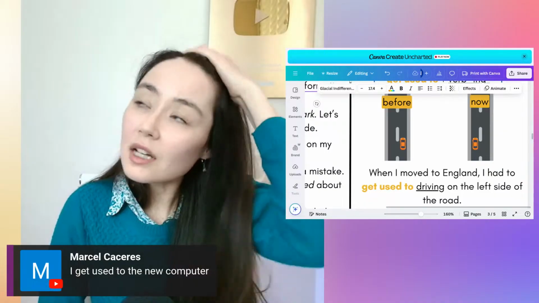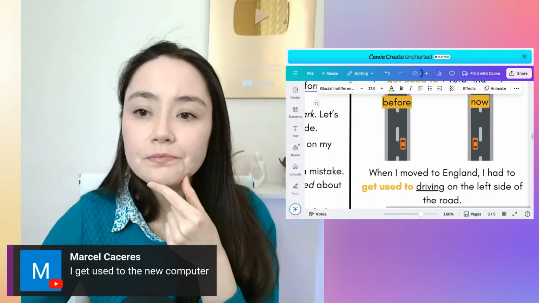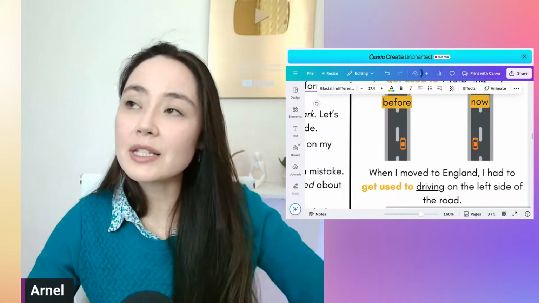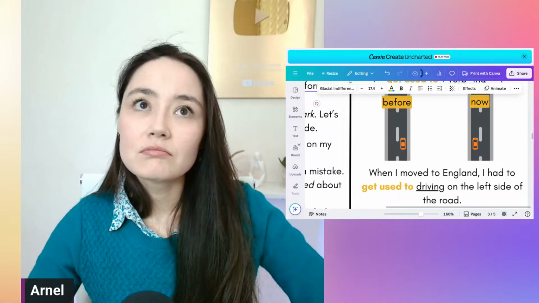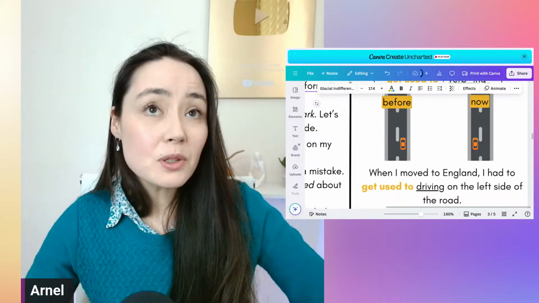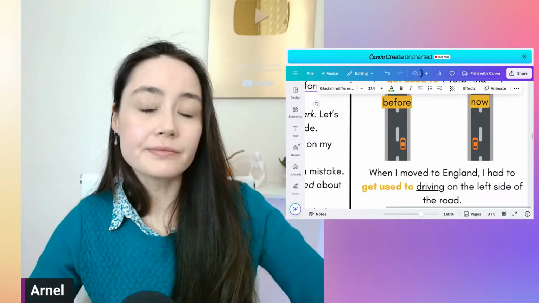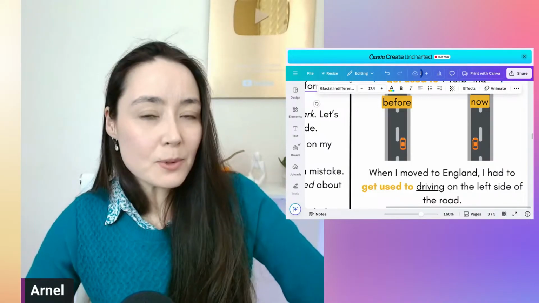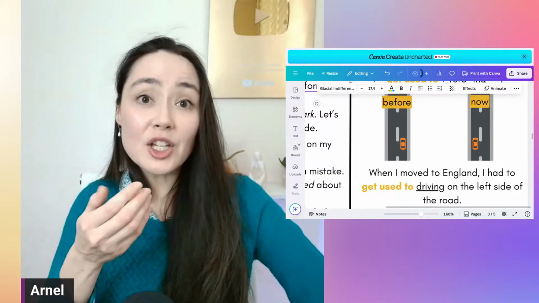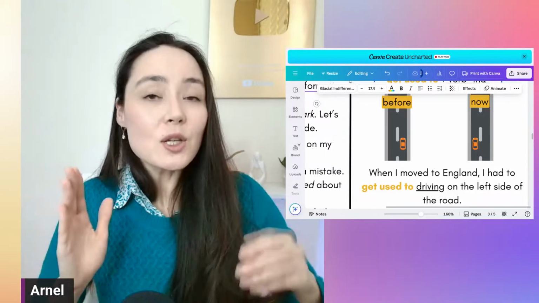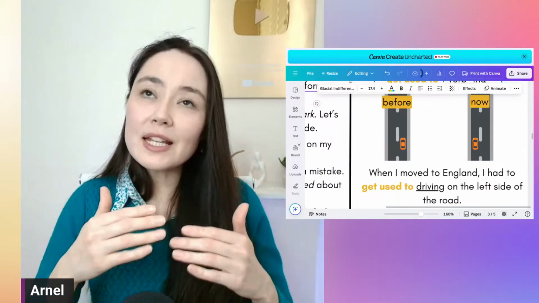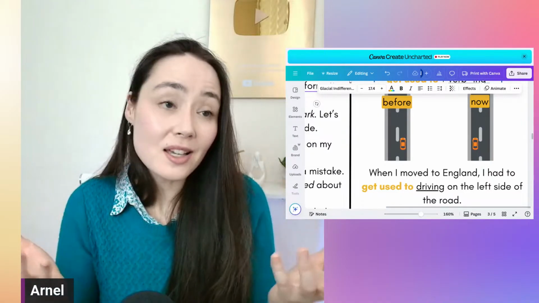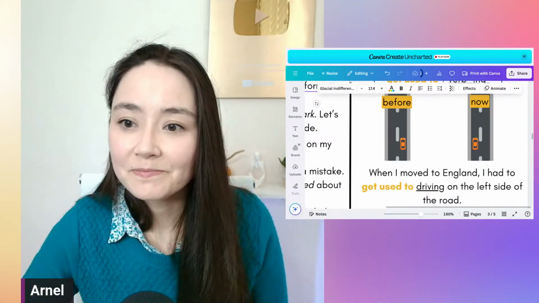In the present, let me think of an example in the present simple. Most people get used to using a new phone pretty quickly. So present simple, if it's routine or normal, it happens regularly. Otherwise, use the past simple.